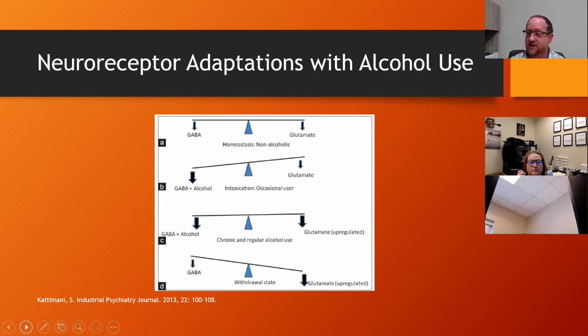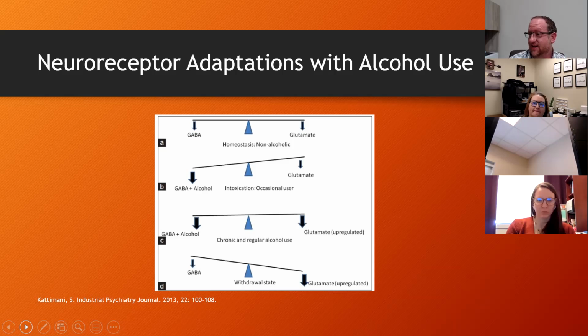Withdrawal is kind of the flip balance state of intoxication. And so when someone has alcohol withdrawal, they had stopped or reduced their alcohol use significantly. And so all that extra GABA goes away, but you don't take away all that extra glutamate activity that your brain has activated over chronic use of alcohol.